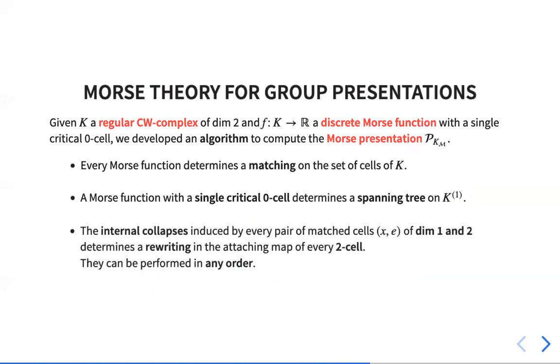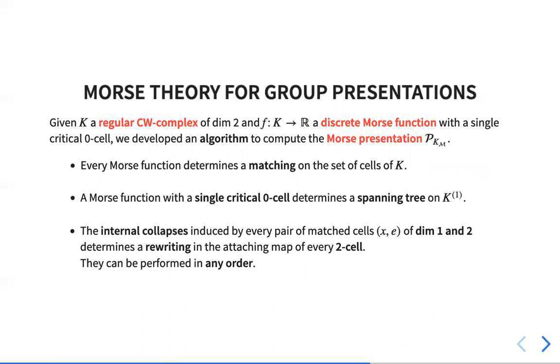And then every time you have a pair of non-critical cells of dimension 1 and 2, they induce some sort of rewriting in the attaching map of the two cells. Okay? And something that will be important later is that you can perform these internal collapses of the two cells in any order.